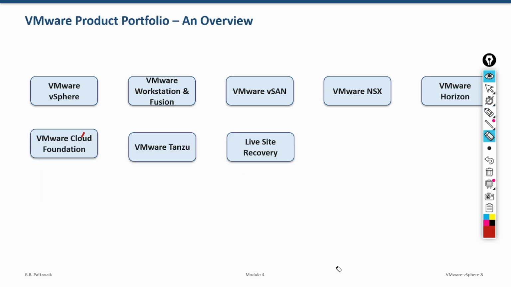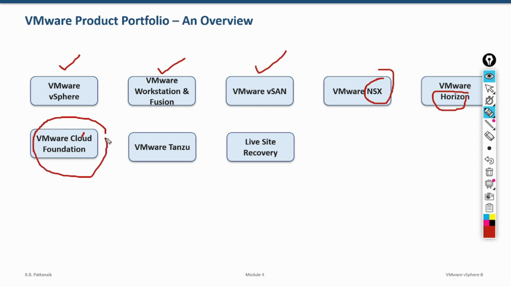Okay, so let's see what products VMware offers. VMware offers various products. VMware offers VMware vSphere, VMware Workstation, Fusion, VMware vSAN, VMware NSX, VMware Horizon, VMware Cloud Foundation, VMware Tanzu, VMware Live Recovery.